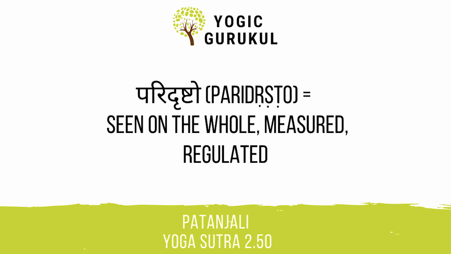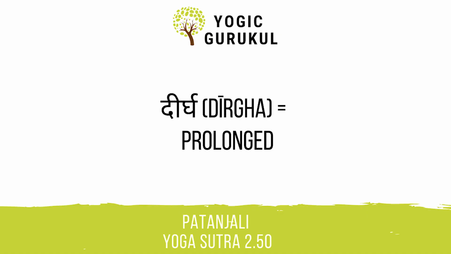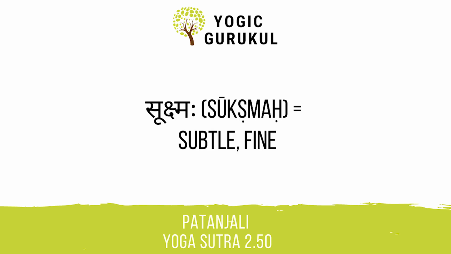So this basically means something that is measured, regulated, seen in a certain way. So it's talking about the measurement process. And then finally we come to a compound word over here, which is dirgha sukshmah. Now dirgha refers to something very long, prolonged, and sukshmah refers to something that is very subtle. So these are the meanings of all the words.